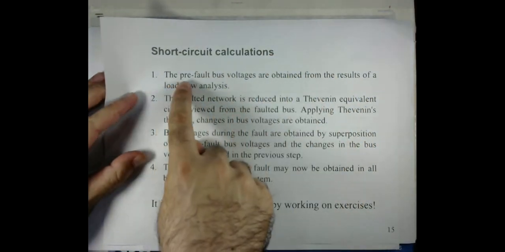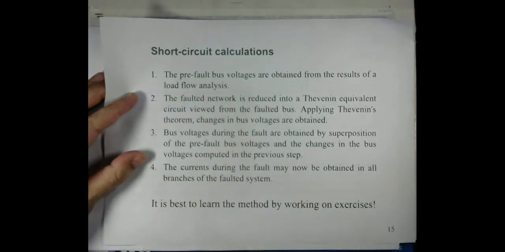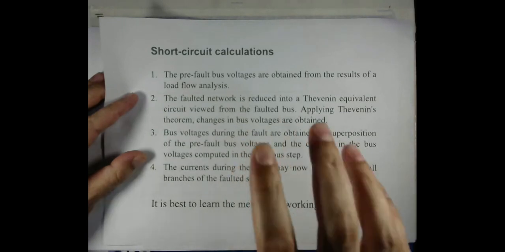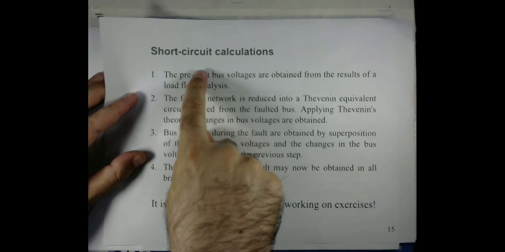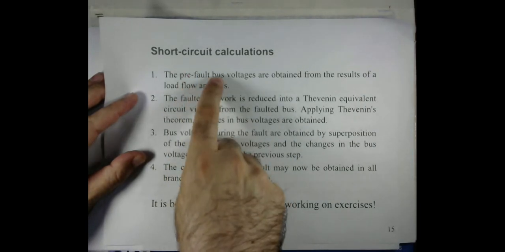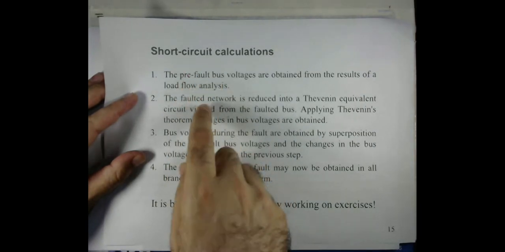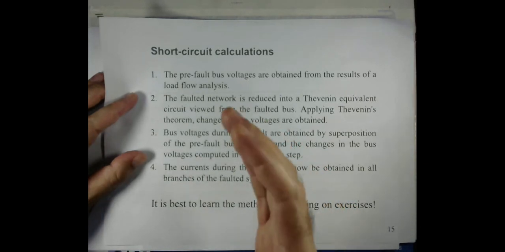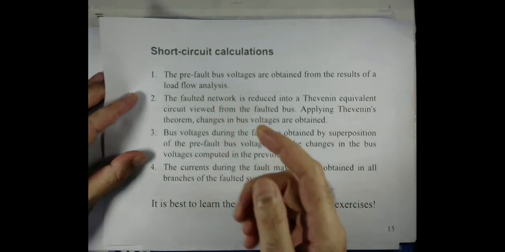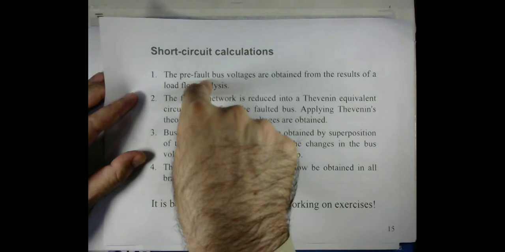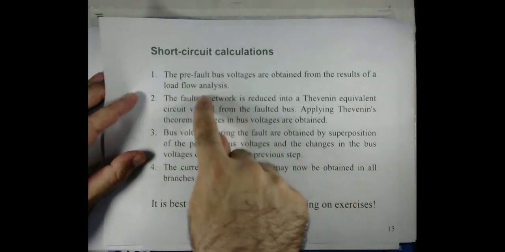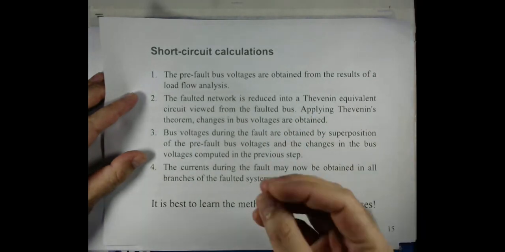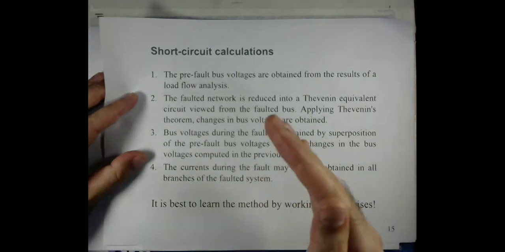So the first step was to find the pre-fault bus voltage, and as I mentioned, the assumption we make is that we consider the voltage at the fault to be the same as the pre-fault voltage. It is assumed that the generators, at the instant when the fault appears, run at the rated values, the rated voltage and the rated frequency.